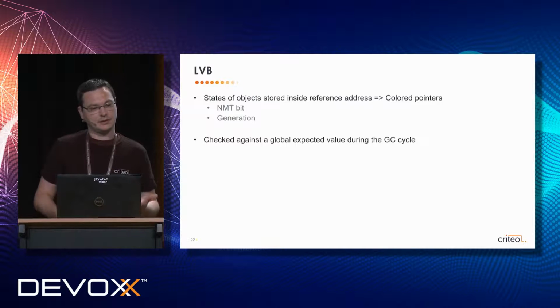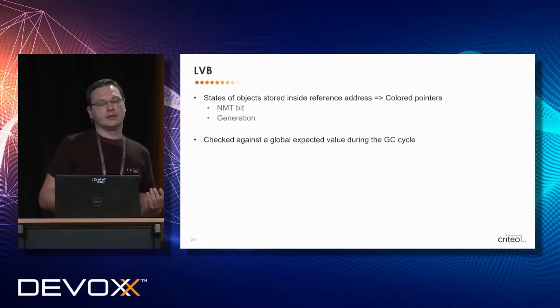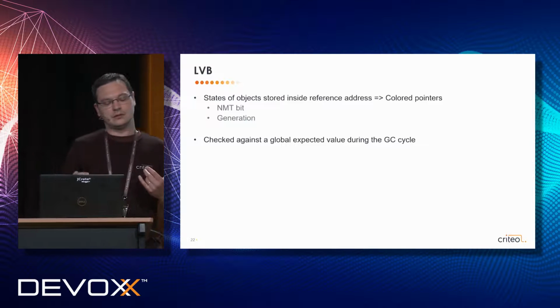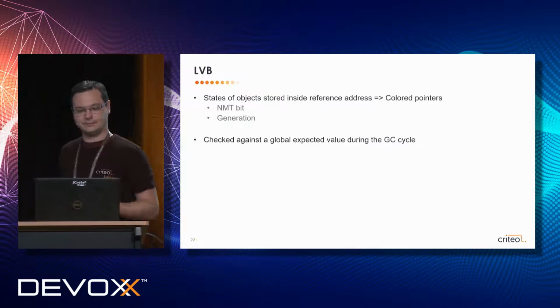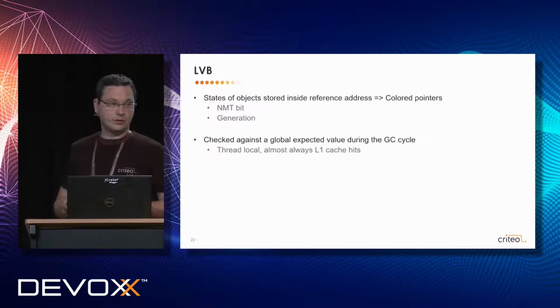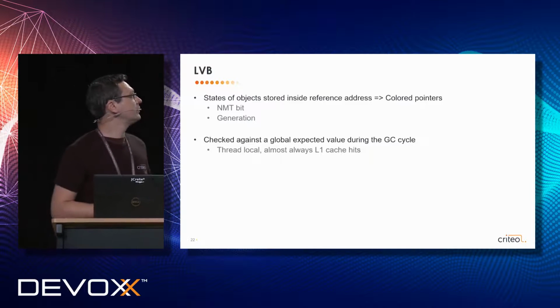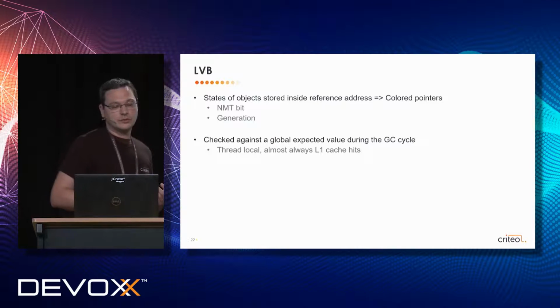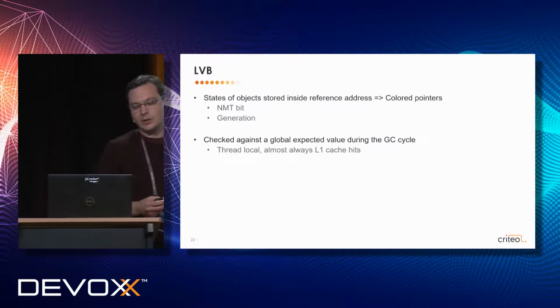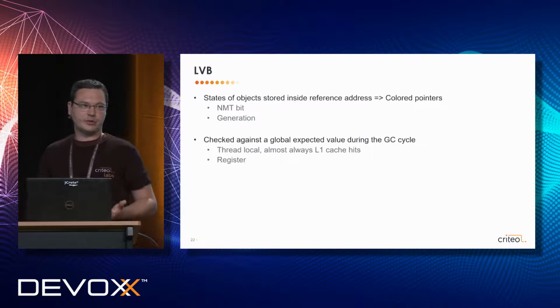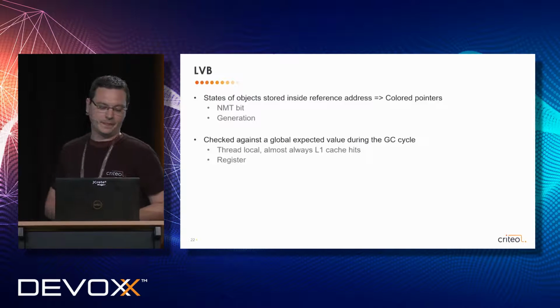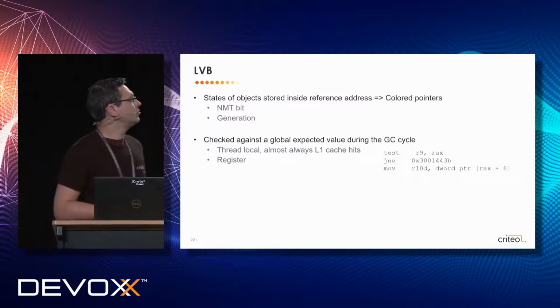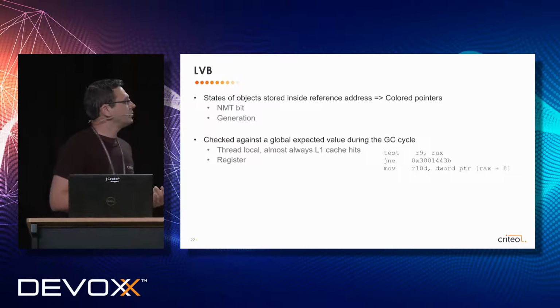This reference is then checked against the current GC phase, through either a thread local at first. So it means that we have almost always an L1 cache hit, or by register for the newer version. So this is the kind of read barrier that we have with C4.